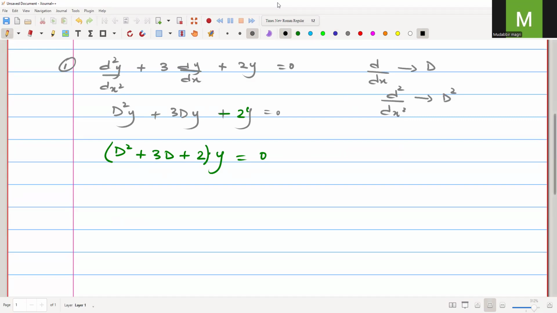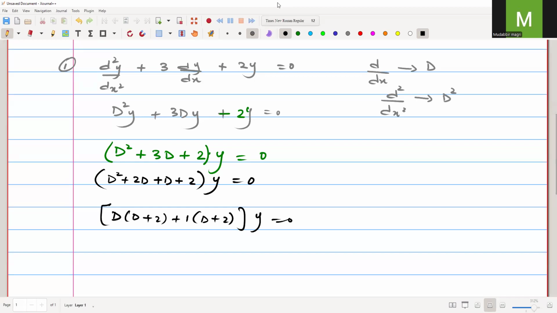Now we can break it like this: D squared plus 2D plus D plus 2 applied on y, and then further we can write it in the factor form.